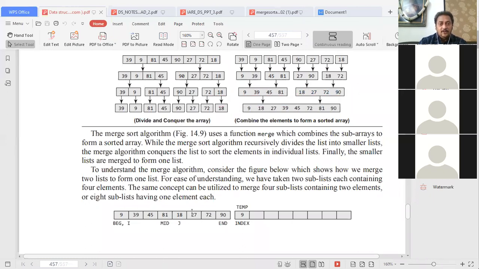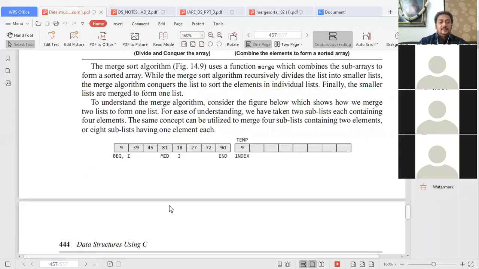Those are the values to be added here. Then the beginning, that is the 0 position of the A1 array, is called I, and the end position of A1 is called mid.